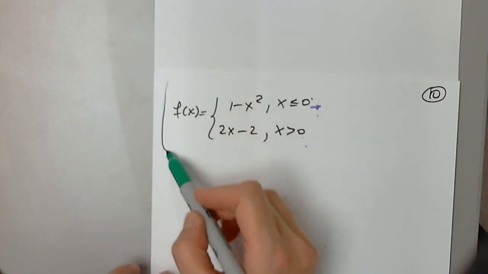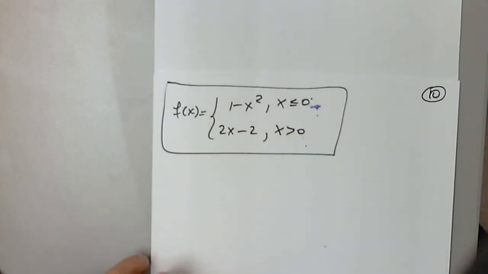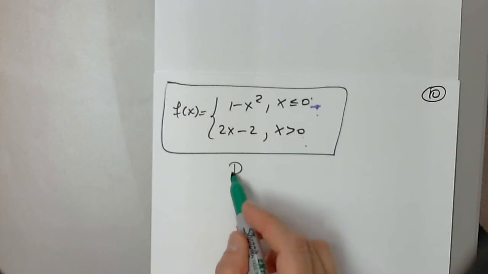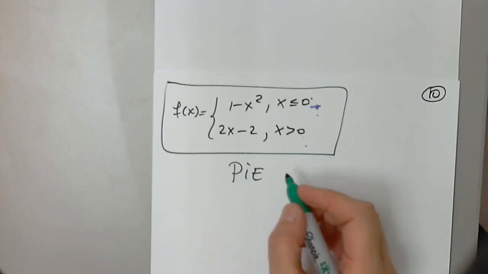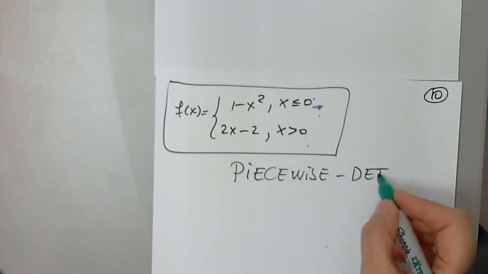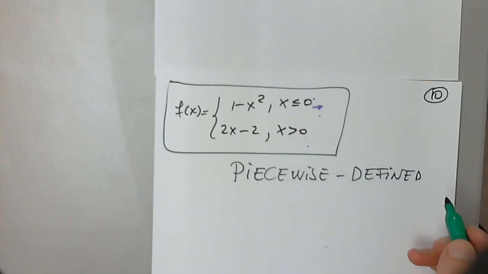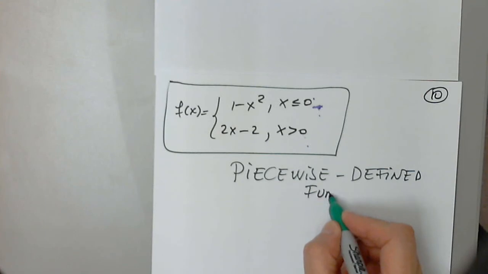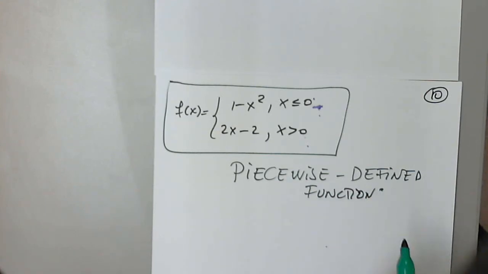How do we call this function? Piecewise. Thank you. It's defined in pieces, right? How many pieces? 2 pieces.